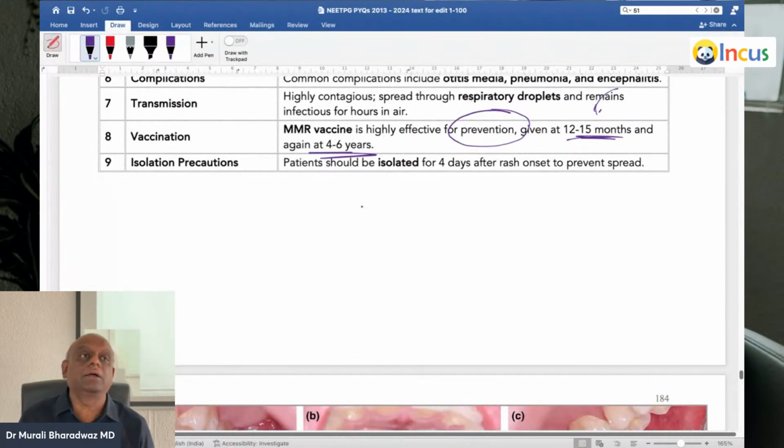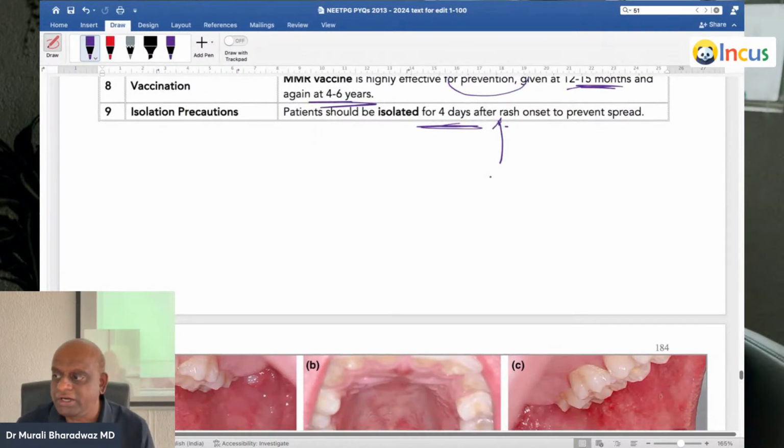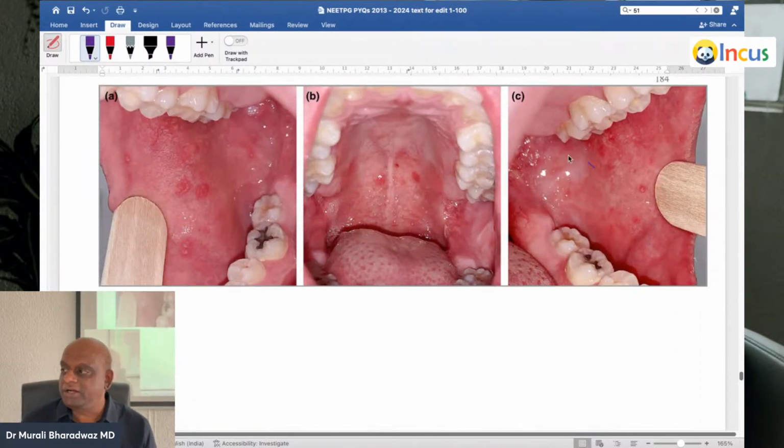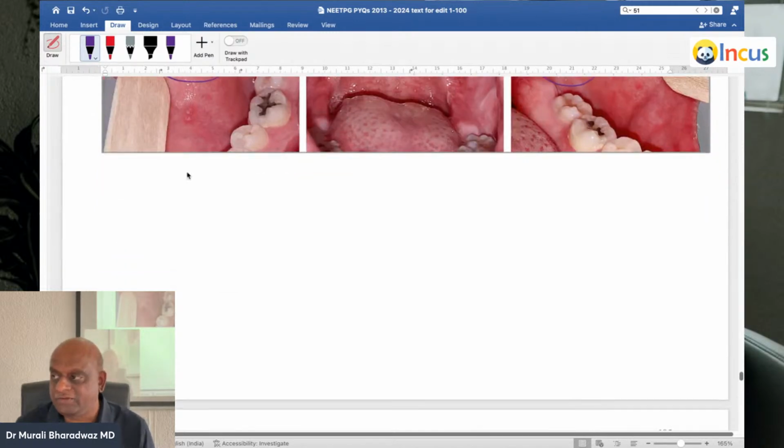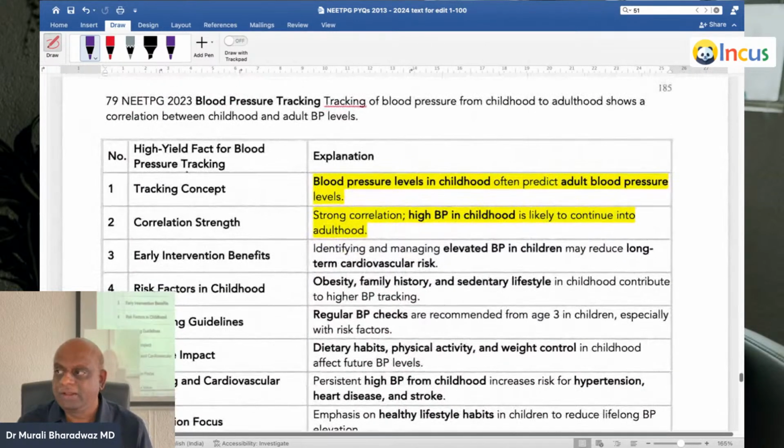And for how long do you want to isolate the kid who got measles? For 4 days after the rash onset. So what is this, doctor? This is called Koplik spots, which are seen in the case of measles.